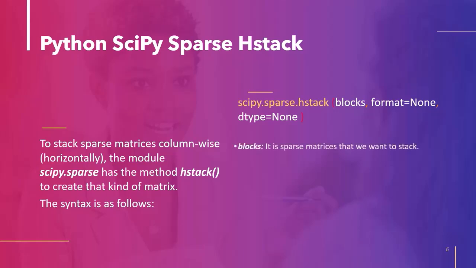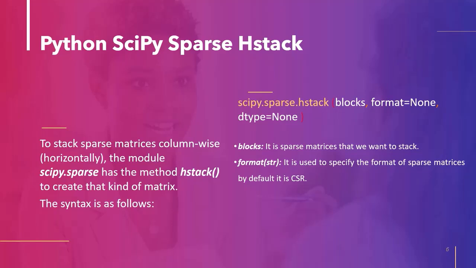Blocks, a collection of sparse matrices with similar shapes. Format, which is used to specify the sparse matrix format, but its format is CSR by default. Dtype, the output matrix data type. If no data type is specified, the data type is derived from that of blocks.